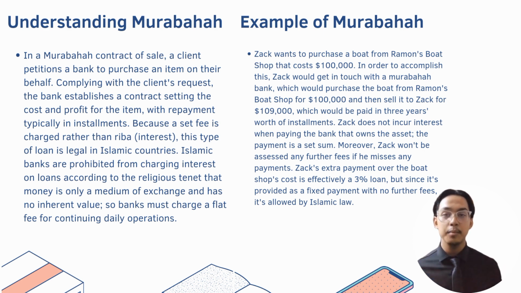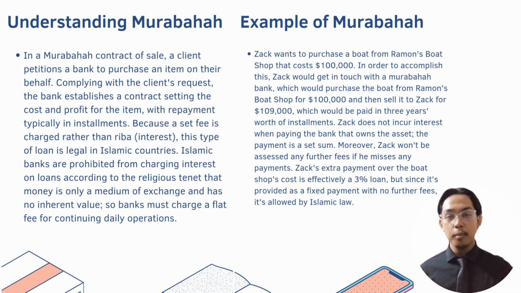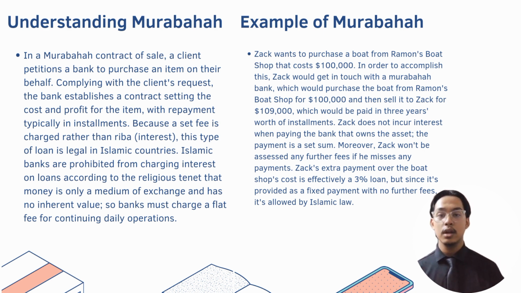So for the example of Murabaha, Zach wants to purchase a boat from Ramon's boat shop that costs $100,000. In order to accomplish this, Zach would get in touch with the Murabaha bank, which would purchase the boat from Ramon's boat shop for $100,000 and then sell it to Zach for $109,000, which would be paid in 3 years' worth of installments. Zach does not incur interest when paying the bank that owns the asset. The payment is a set sum.